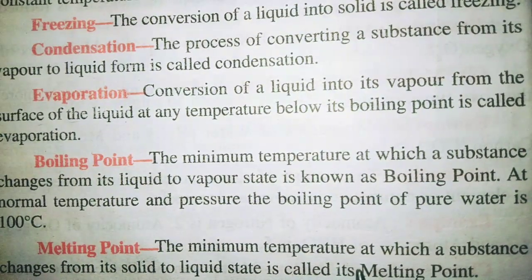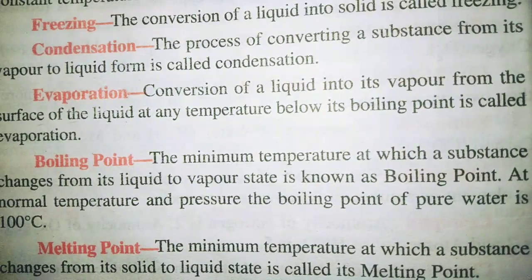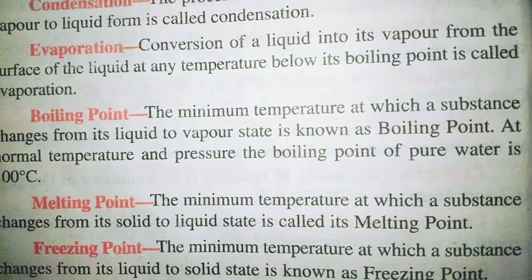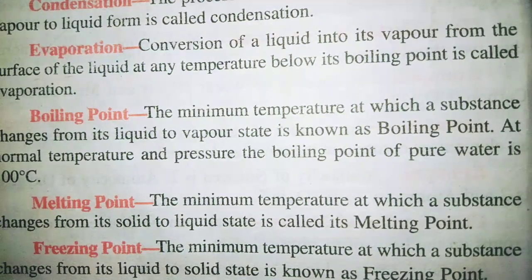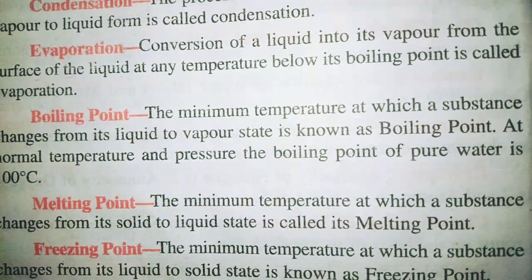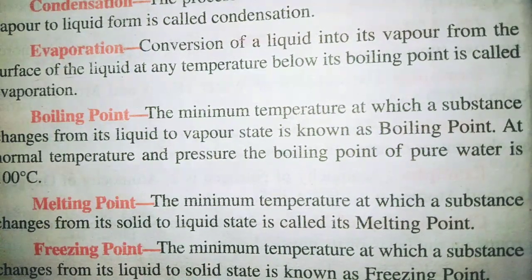The minimum temperature at which a substance changes from its solid to liquid state is called its melting point. Freezing point. The minimum temperature at which a substance changes from its liquid to solid state is known as freezing point.